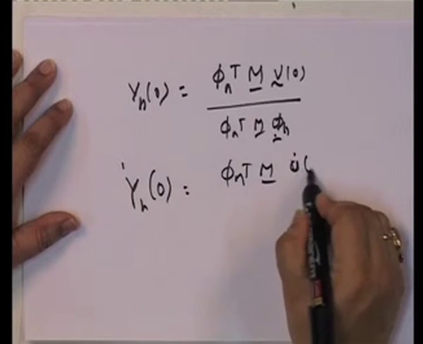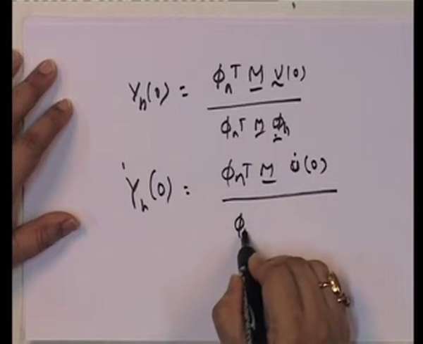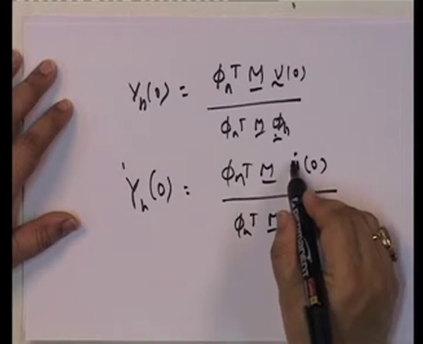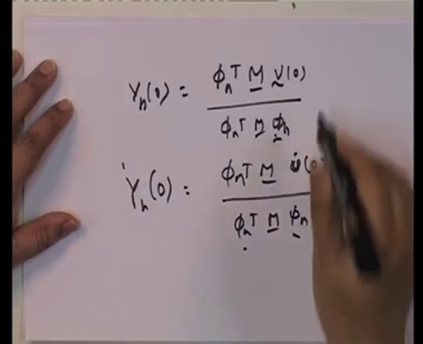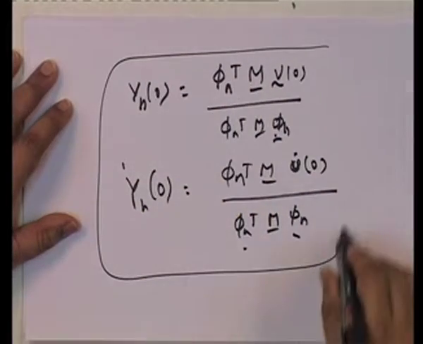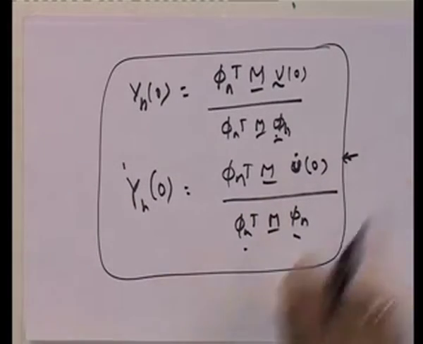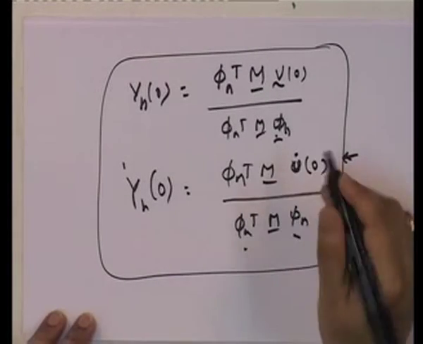Note that none of these other terms are dependent on time excepting for these two. So, automatically this comes in. I can find out the initial conditions through this procedure, okay, using the same thing.